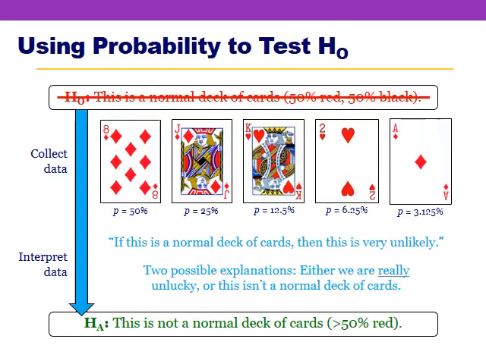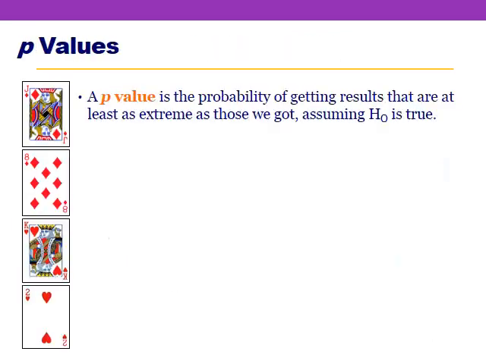Now, this tells us about how we make decisions about which of the two hypotheses we're going to go with. We have to make a decision about whether we think the null hypothesis is correct or the alternative hypothesis is correct. And the way that we do that is by using probability, specifically using a number called a p-value.